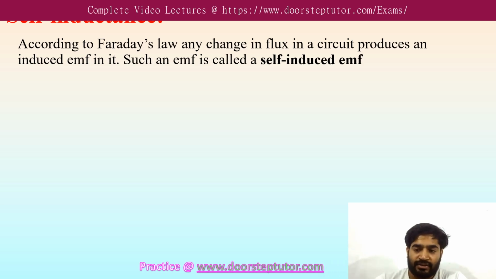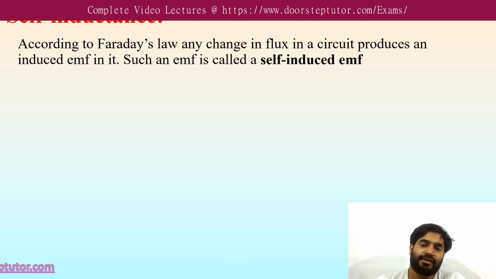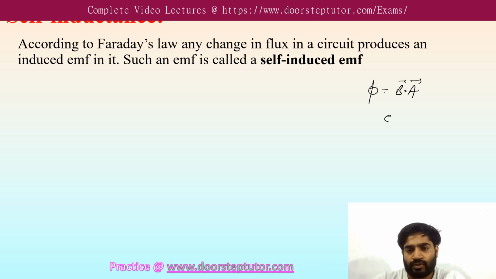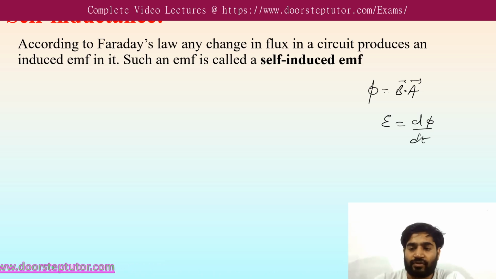If there is a magnetic field, obviously there is a magnetic flux, which we already know is given by phi equals B dot A. When the flux changes with time, then EMF is induced. Whenever there is a flux change, EMF is generated.